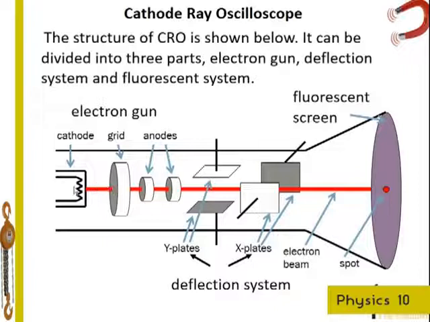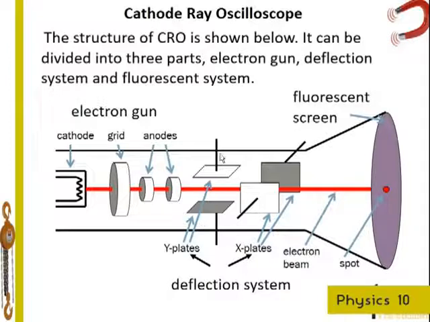Now those electrons move in a straight line because they're attracted by the positive anodes. So the electrons move through this grid and through the anodes, and then they go through a series of plates. So we have here a Y plate, and over here X plates.